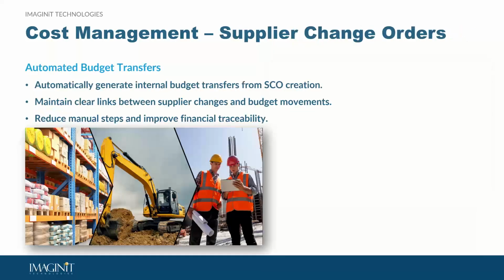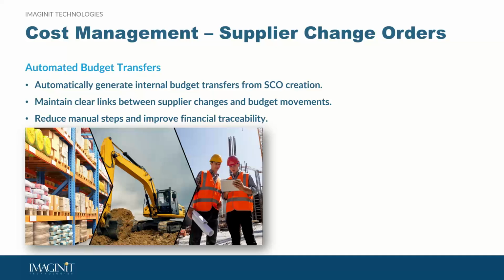All right, now we're talking a little bit about supplier change orders, and we do have a few more of these. I apologize, I'm running a little longer than I thought I would, but I just wanted to be detailed enough. As far as supplier change orders, we can now automatically generate internal budget transfers for supplier change order creation.